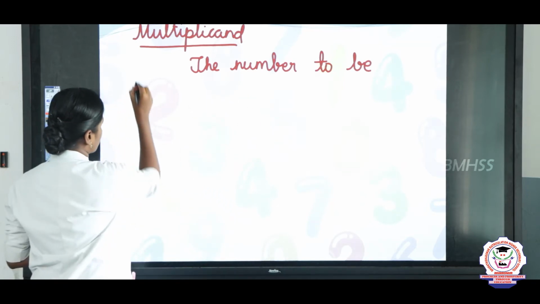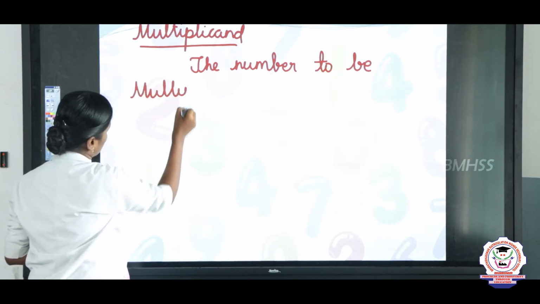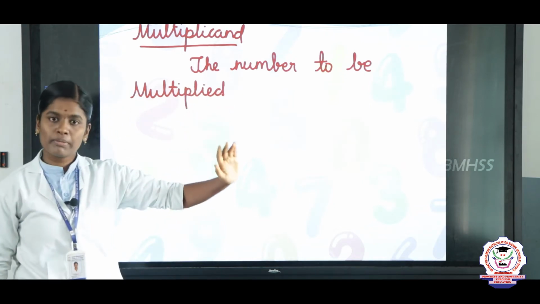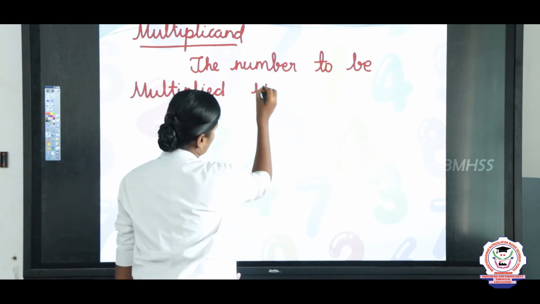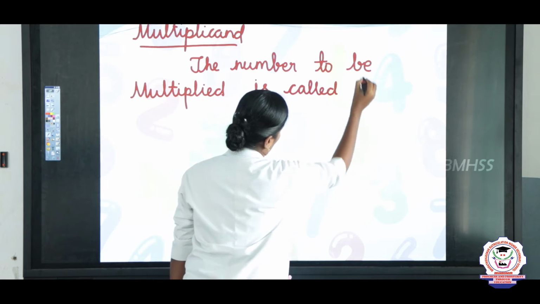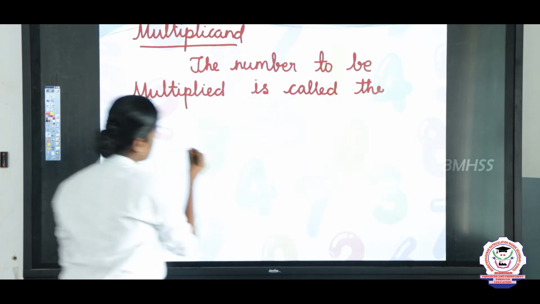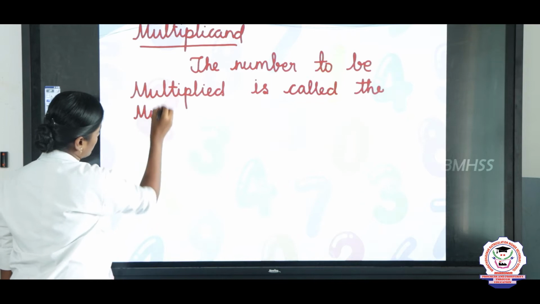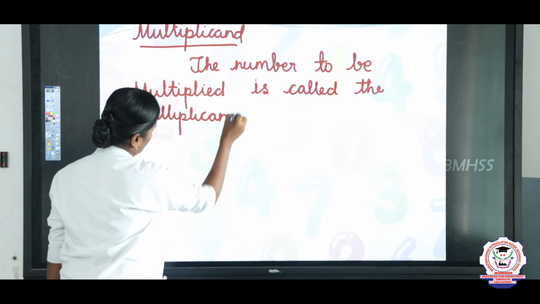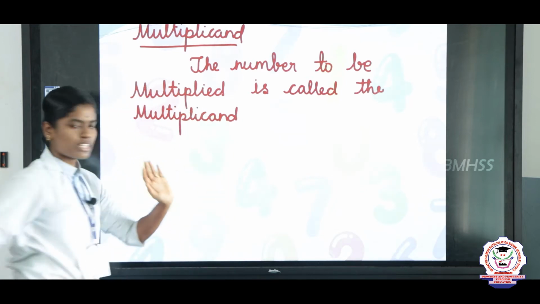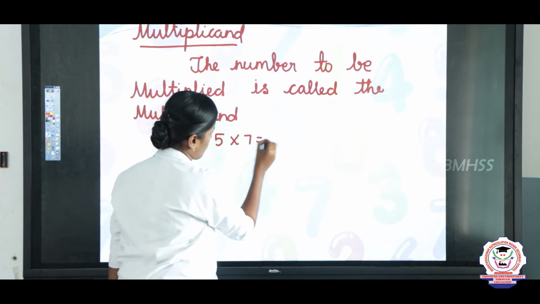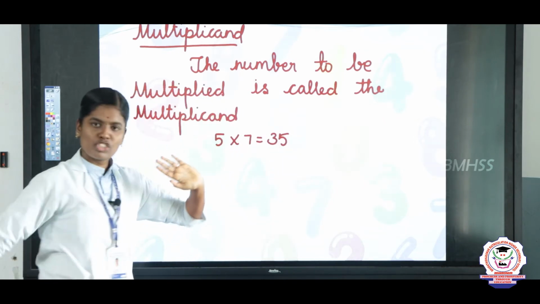For example, 5 sevens are 35. Here 5 is called the multiplicand.